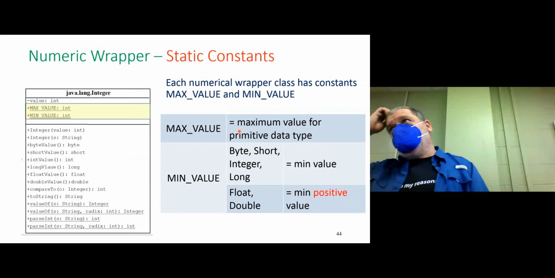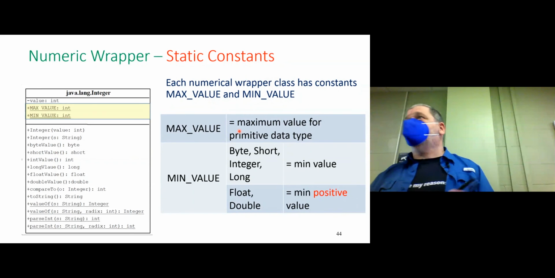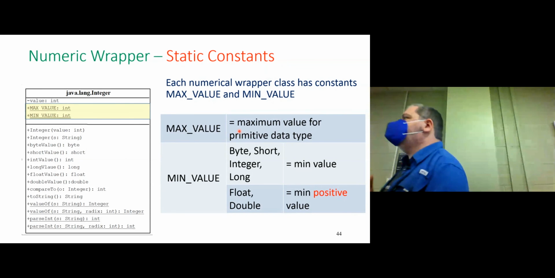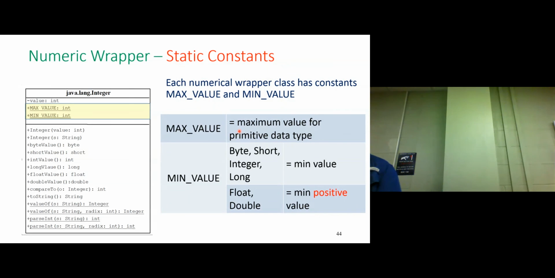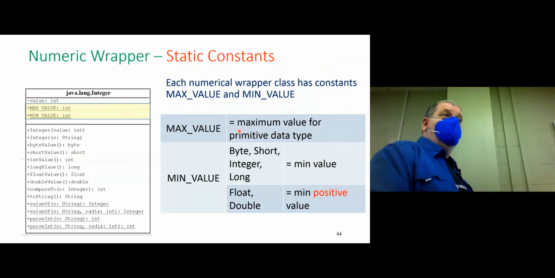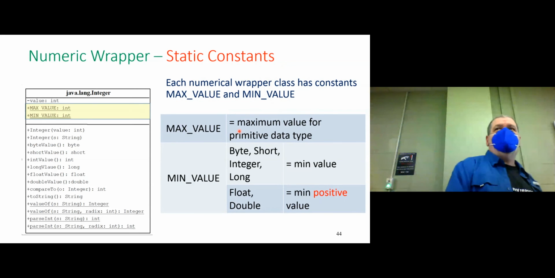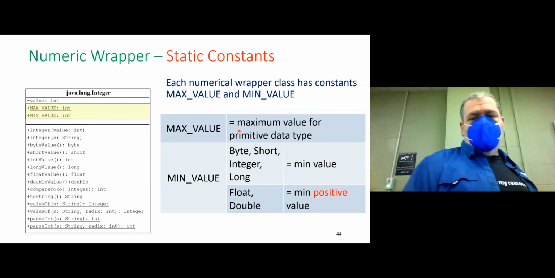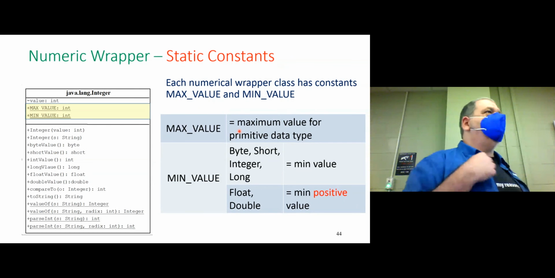Well, it doesn't take a Nobel Prize to make the hypothesis that this is going to be the smallest value, except that the concept of smallest value has a different meaning when you talk about integers, like int, long, and stuff like that, and when you talk about floating point numbers, like float and double. When you talk about integers, the concept of the minimal value is exactly what you're thinking about. It's the smallest possible value that I can represent with an int.